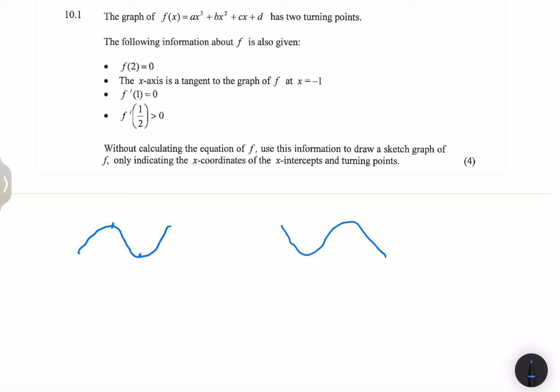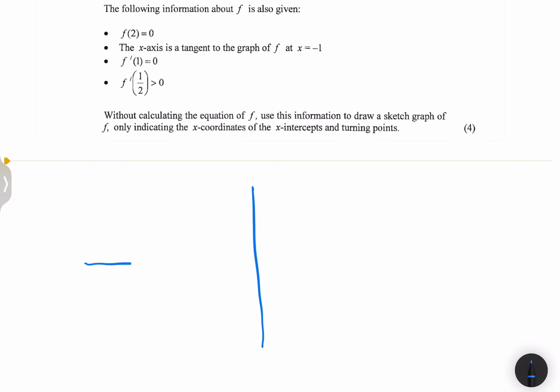However, let's start with the first thing that we know. They say f of 2 is equal to 0. What does that mean? It means that where x is equal to 2, we are going to have our x-intercept.